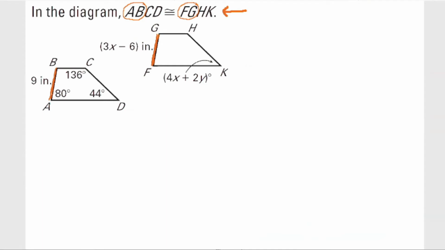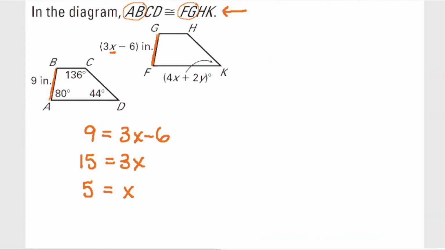So if I were solving this algebra problem, that would make this really easy. We would say that the 9 has to match with the 3x minus 6. Add 6 to both sides. Divide both sides by 3, and I have x equals 5. Plug that back in, see what happens. 3 times 5 minus 6 would be 9, and that's a good sign.